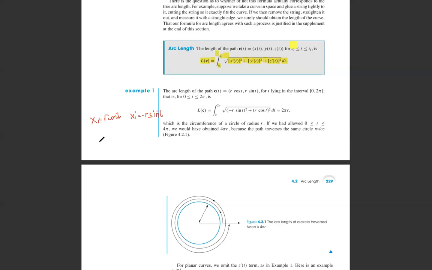And we take the square root of it. x2 is r sine t. So the derivative of x2 with regard to t is r cosine t.